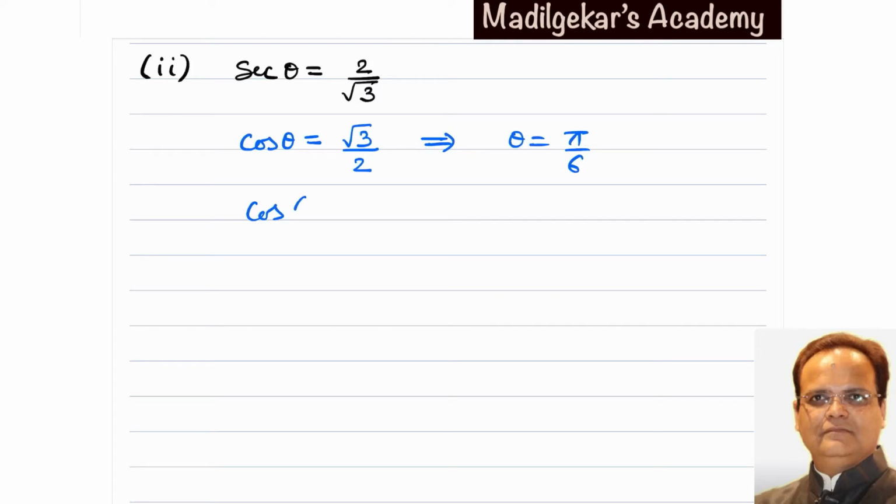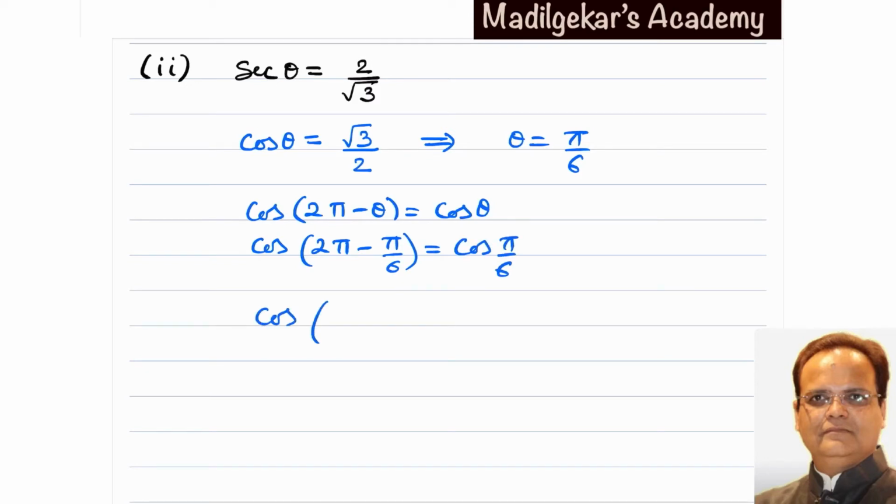Again apply the same allied angle formula, cos of 2 pi minus theta equals cos theta, and substitute theta equals pi by 6. So it is cos of 2 pi minus pi by 6, that is cos of 11 pi by 6, equals cos pi by 6, which is root 3 by 2.